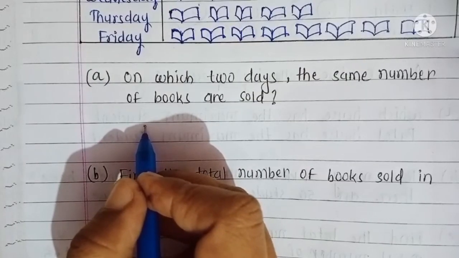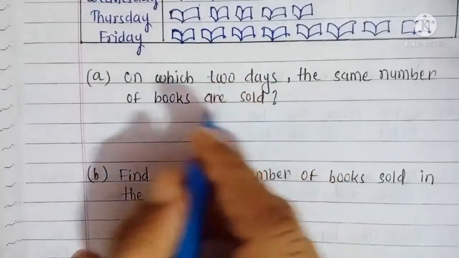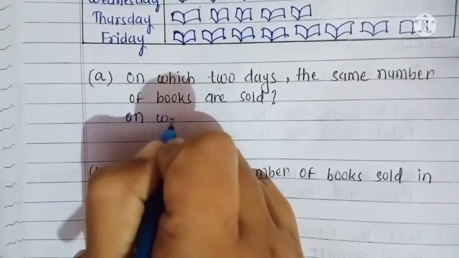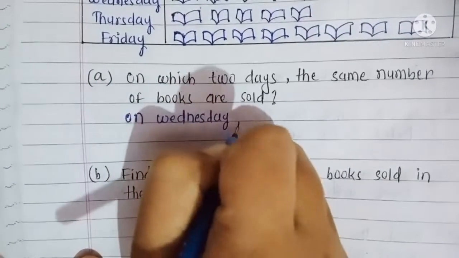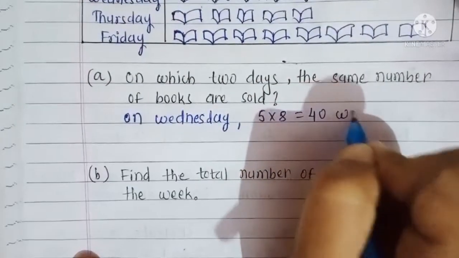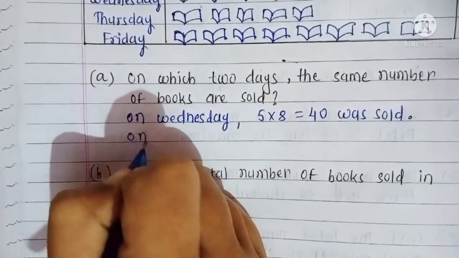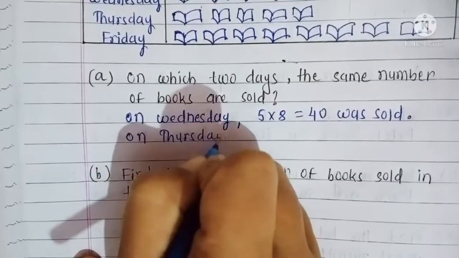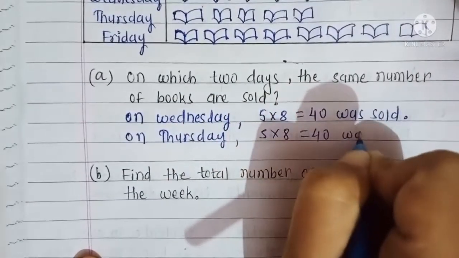Now, answer the following question. On which 2 days the same number of books are sold? On Wednesday, 5 multiplied by 8 is equal to 40 books were sold. And on Thursday, 5 multiplied by 8 is equal to 40 books were sold.